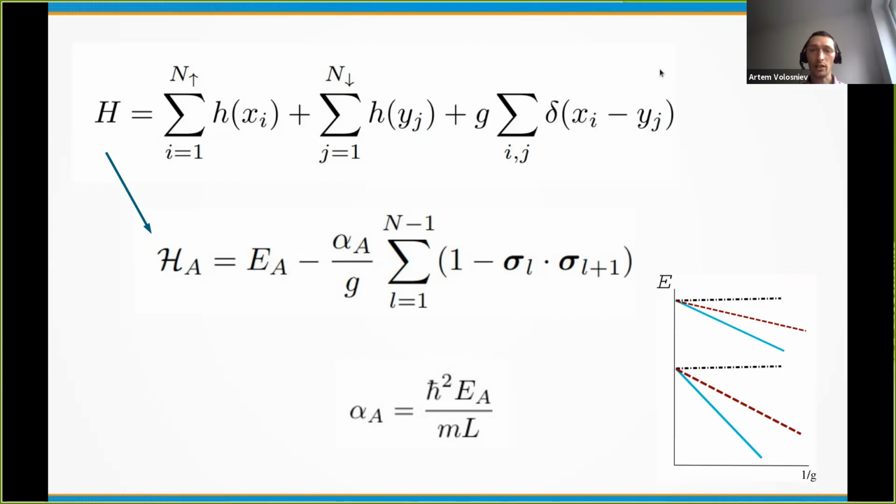This method gives exact energy in the limit of order 1/g. It doesn't even give you the wave function in the order 1/g. So here one needs to be careful with the energy at the next order. You can't play this game because you actually need the wave function in the order 1/g.